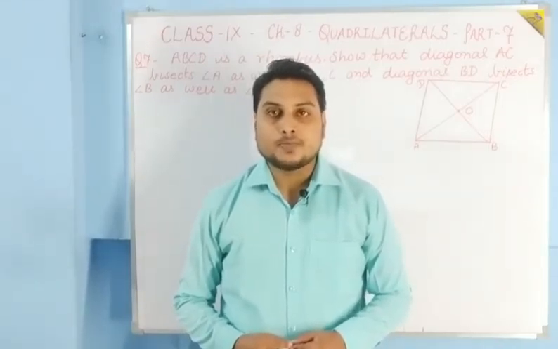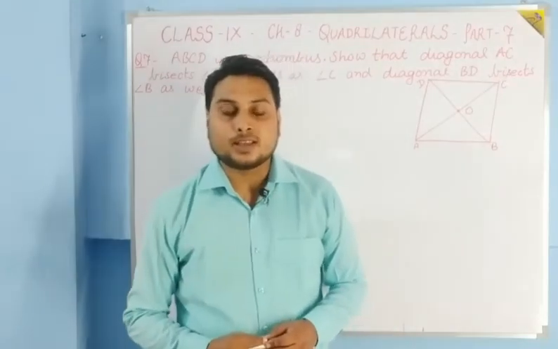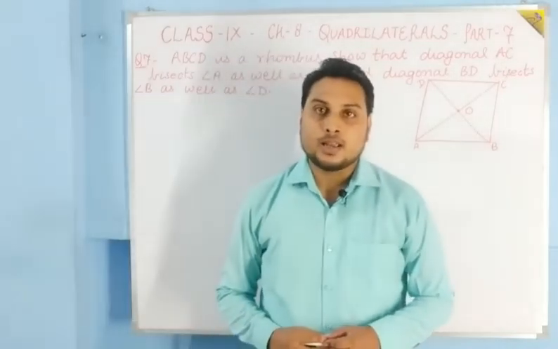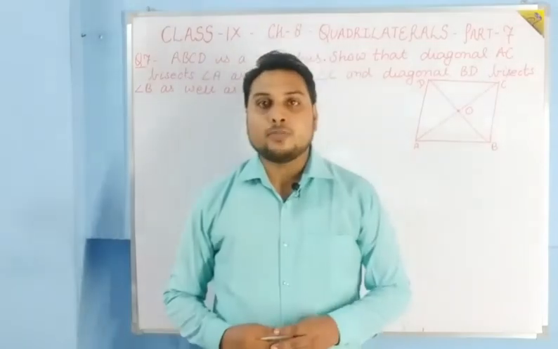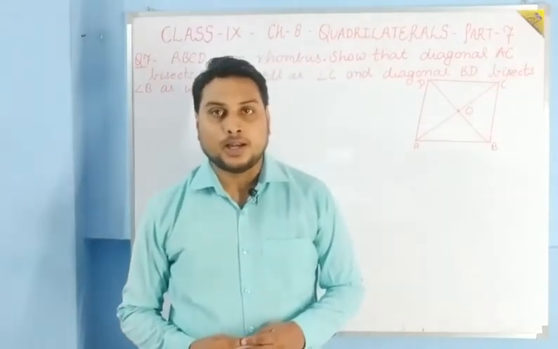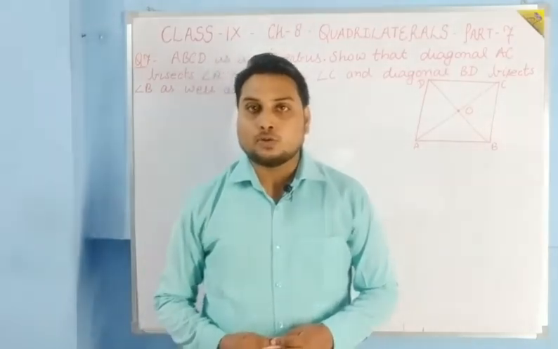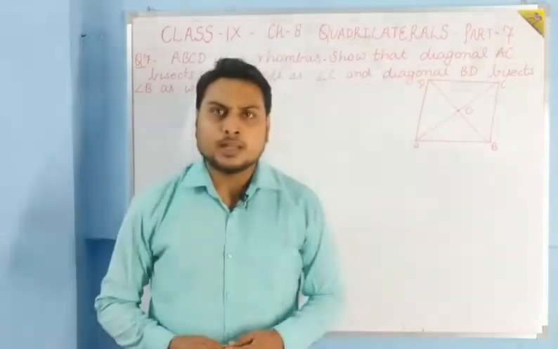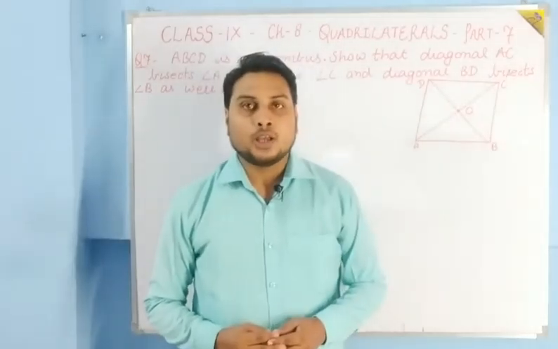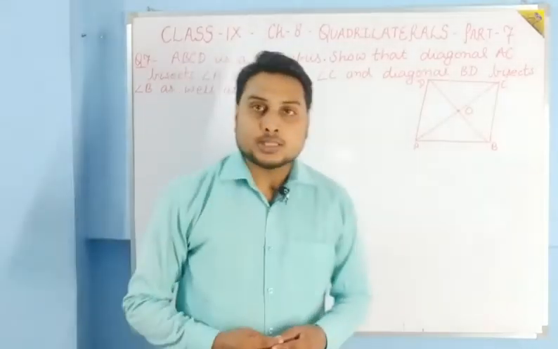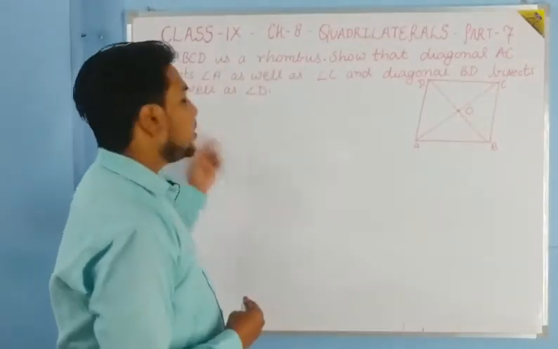Students, in the last part we were solving exercise 8.1 and we have solved till question number 4, and I have told you that question number 5 is based upon question number 4, so you can solve it by yourself. Today we will start solving from question number 7.